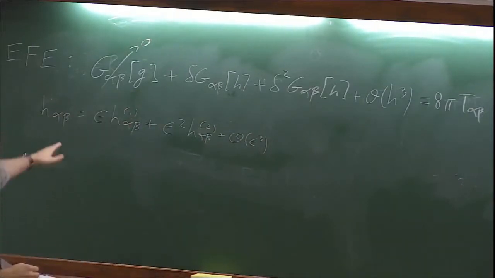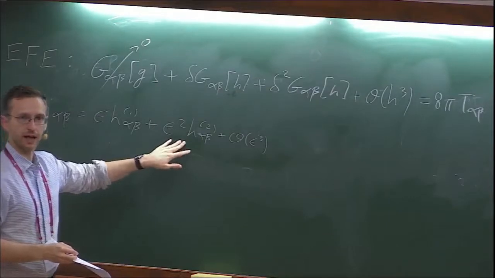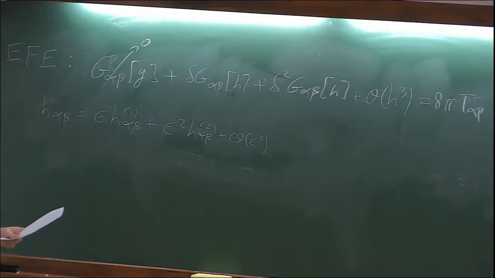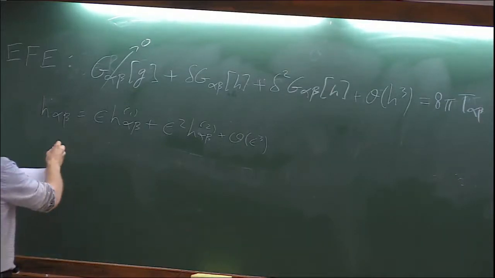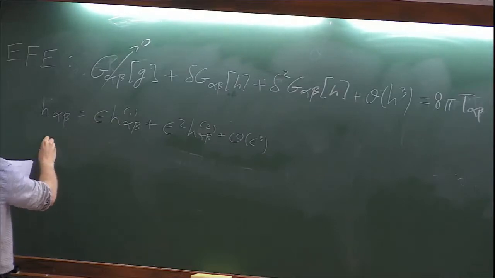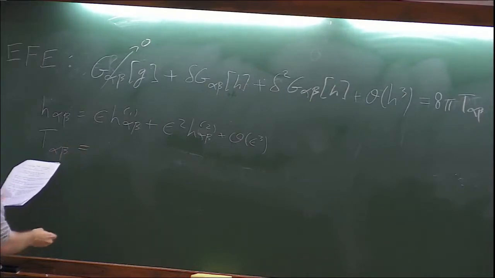So remember, the reason why I'm doing everything to second order was at the beginning I said to model EMRIs accurately enough for LISA, we need everything to second order. Okay, so this is an expansion of the metric. Let me assume there's a similar Taylor series for the stress energy.